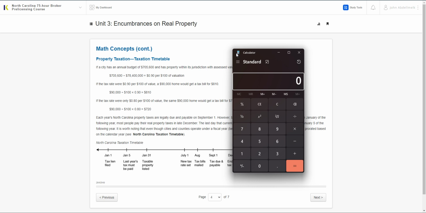90,000 times 0.9. No. 90,000 times 0.09? No. 90,000 times 0.009.